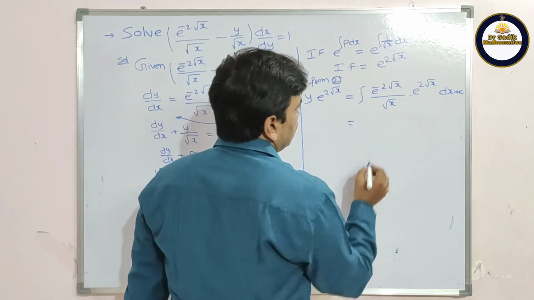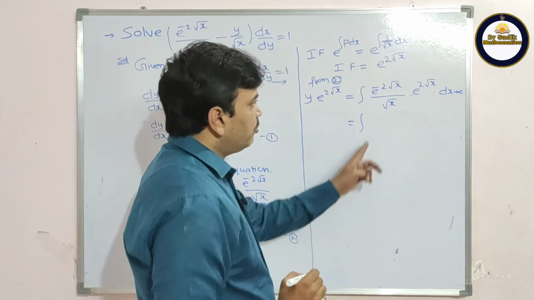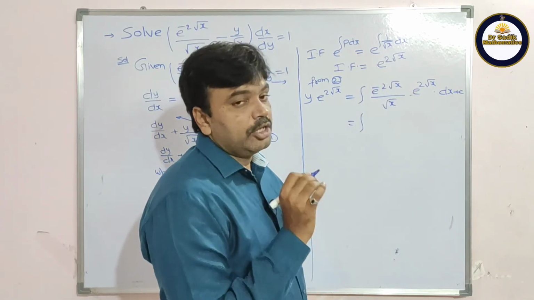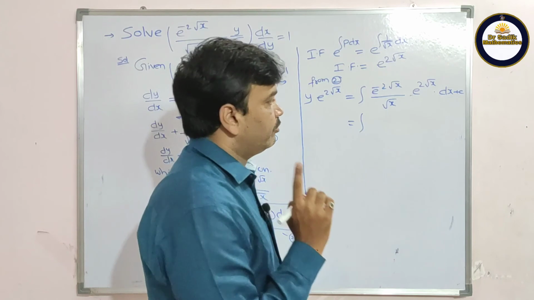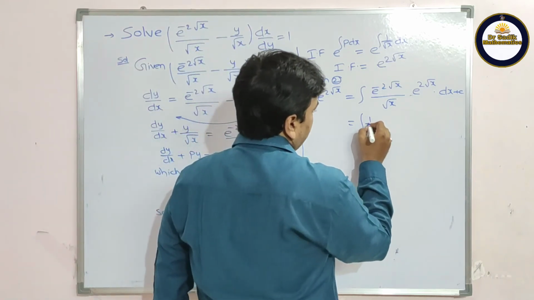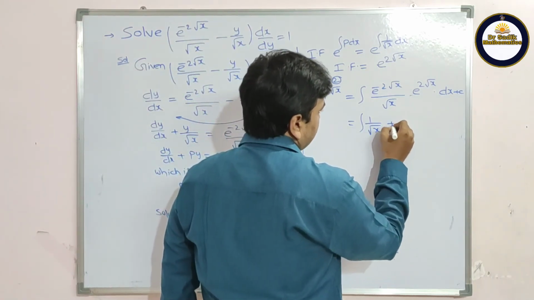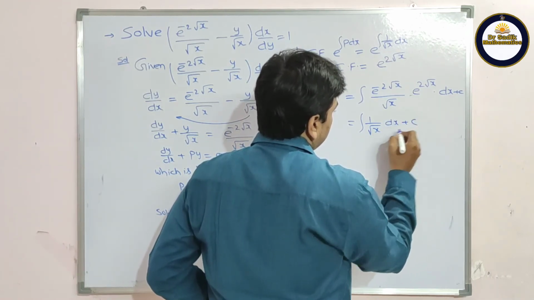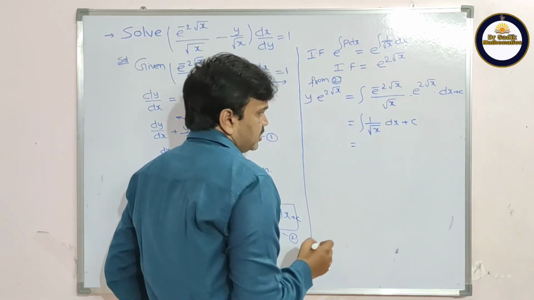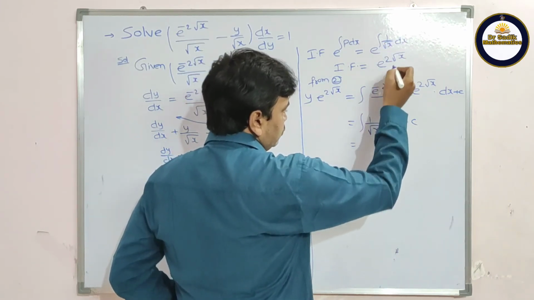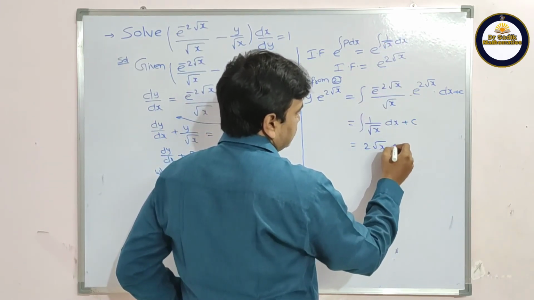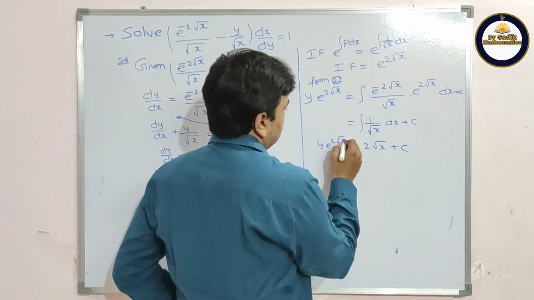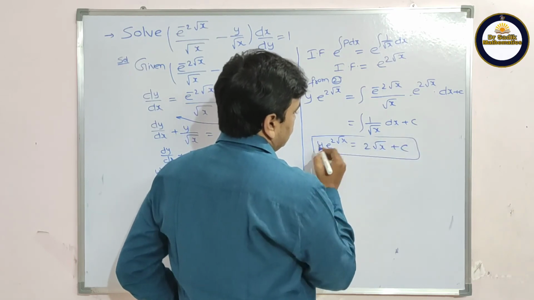That is the integral of e power minus 2 root x into e power 2 root x, friends. We get e power 0, value is 1. So finally we get 1 by square root of x into dx plus c. Again, friends, the integral of 1 by root x is 2 root x plus c. So this is the required solution.